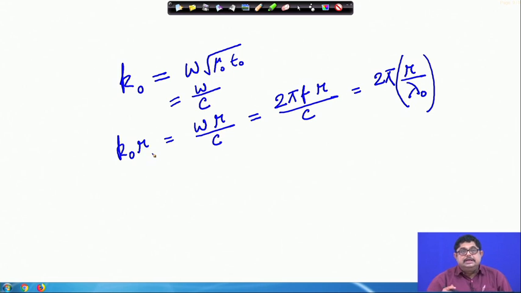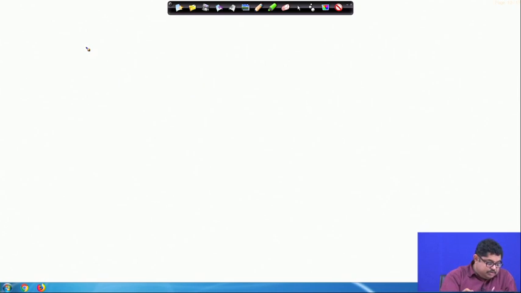So, we can say that the electric and magnetic fields coming out from the current element are functions of the electrical distance from the antenna. Now, let us consider the field components more closely. First consider the magnetic field.